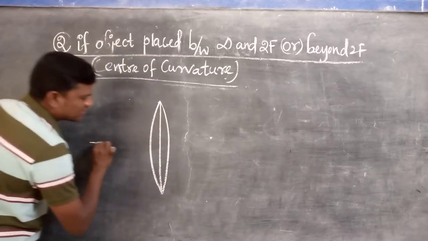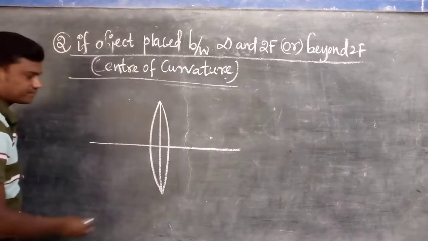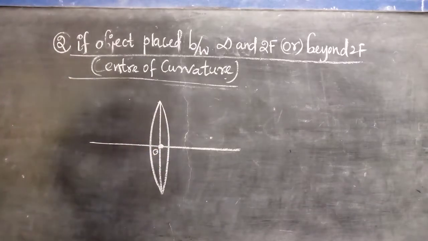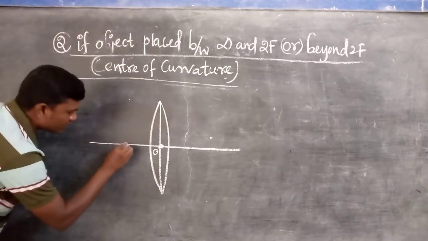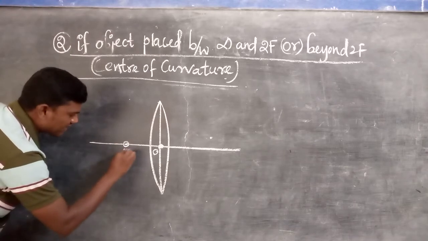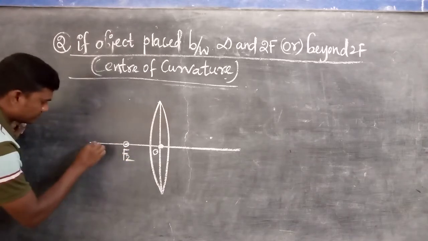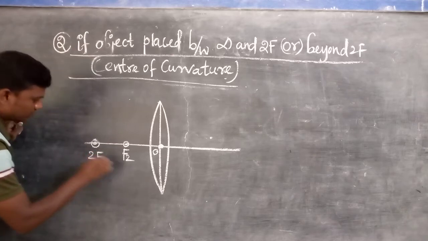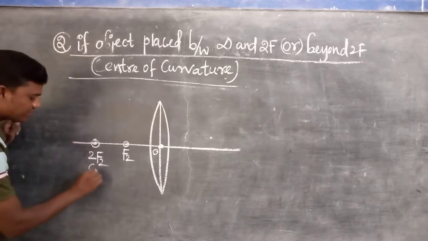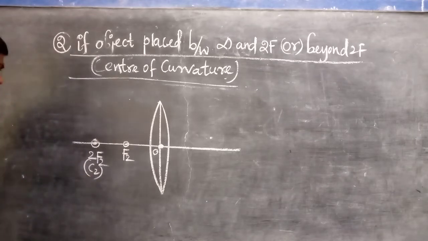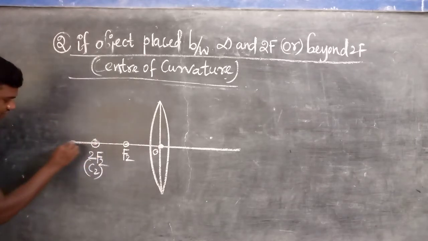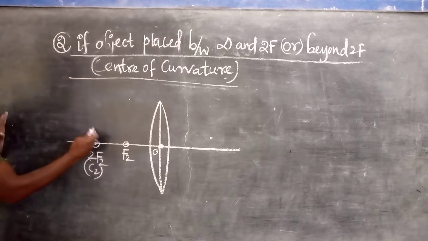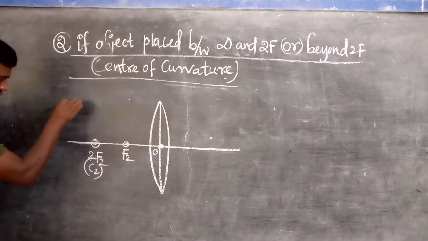So we draw a principal axis, it is the common way. It is the optic center O. So we know that we can see this as F2. It is the 2F2, which is nothing but C2. So the object is placed where? Beyond 2F2, that is, from infinity to beyond 2F2. Like this mode we can see.